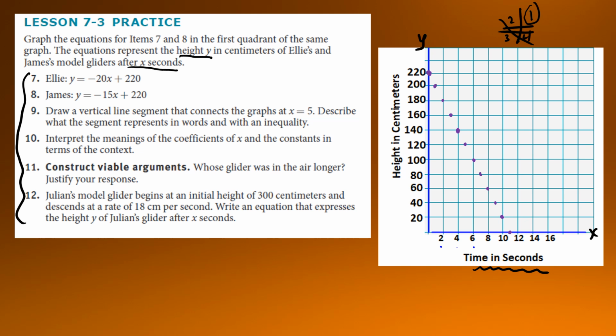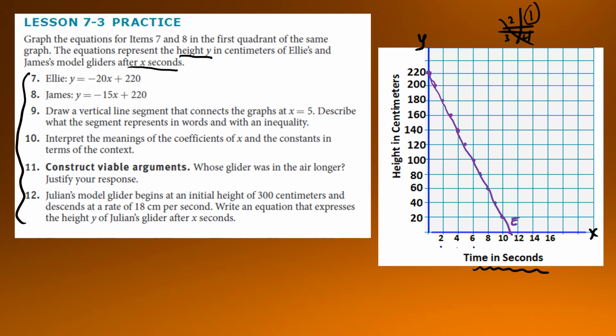Looks like her glider gets down to the ground, or a height of 0, after 11 seconds. So now your graph might be a little more flat, a little more spread out depending on your scale, right? So my scale is going by 2's on the x and 20's on the y. So that is Ellie. Let's see. So maybe I'll put E here for Ellie.